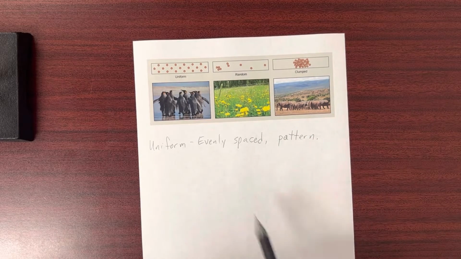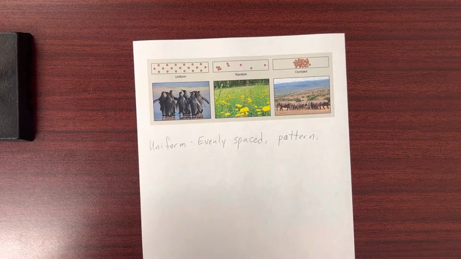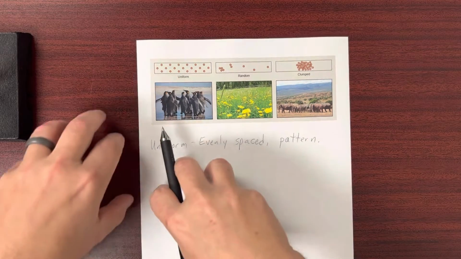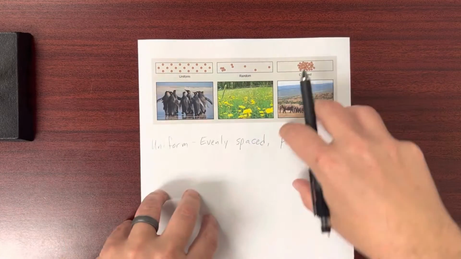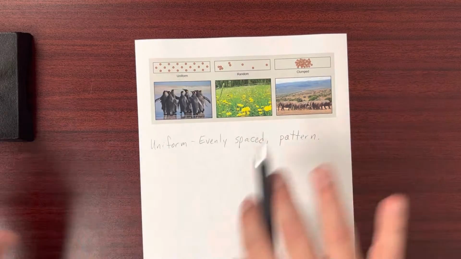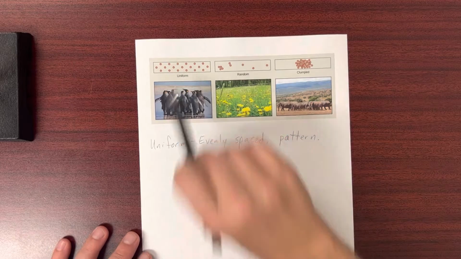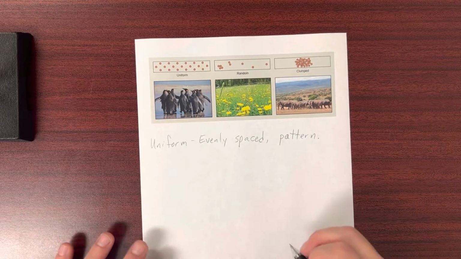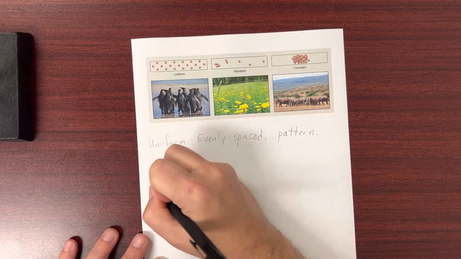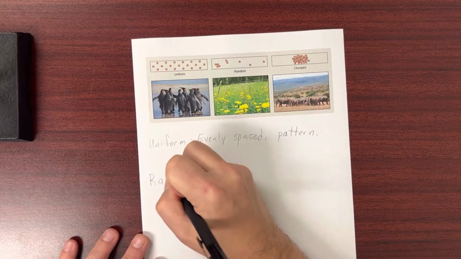You see it a lot with bird nests, like bird nests that are on the ground in particular, where there's going to be even distribution and they're all going to be the same distance apart from each other. That's uniform. And from above, you can usually see this pattern that develops.